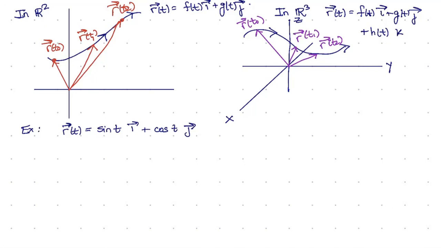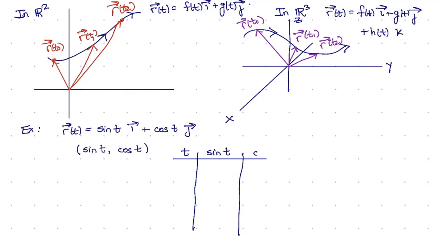If we were to try to plot the plane curve represented by this, the plane curve would have coordinates sine of t, cosine of t. And so in order for us to determine the x and y coordinates, we should make a chart of values. Now, we know that this is going to look like a circle in the end. How the circle is traversed is the question. Are we going to do it in the counterclockwise direction or in the clockwise?